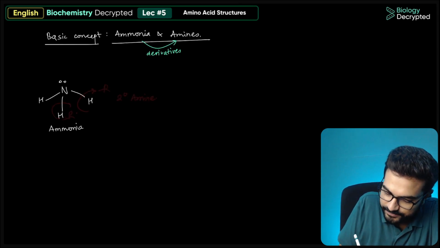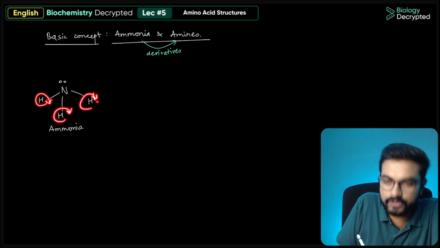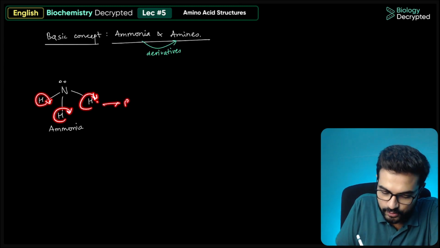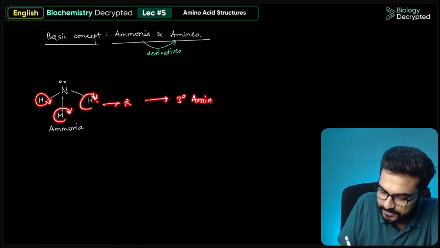And if we replace all three hydrogens with different R groups, what we will get is a tertiary amine.